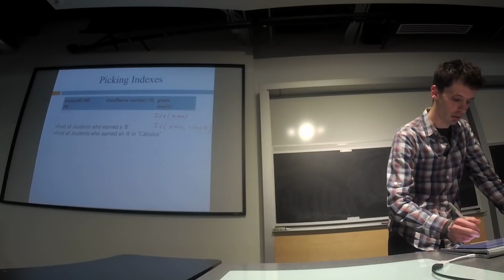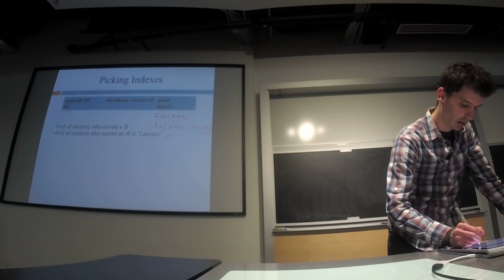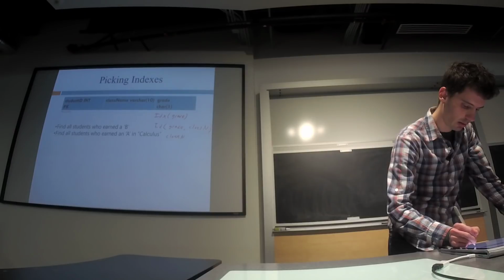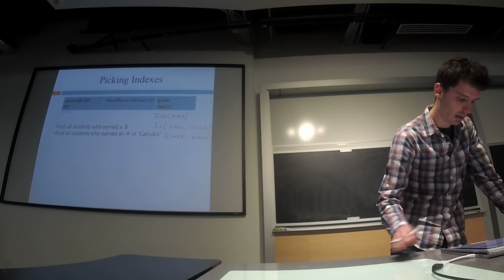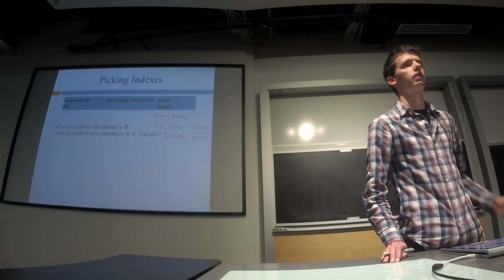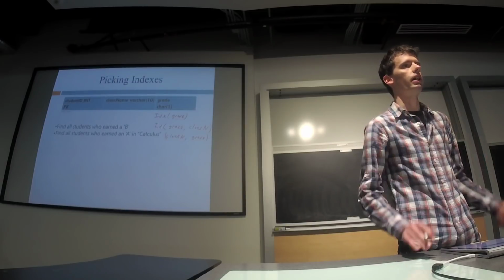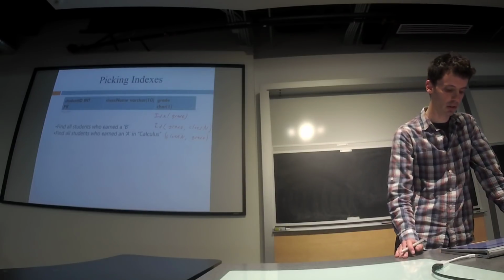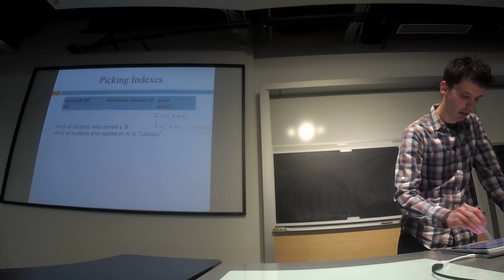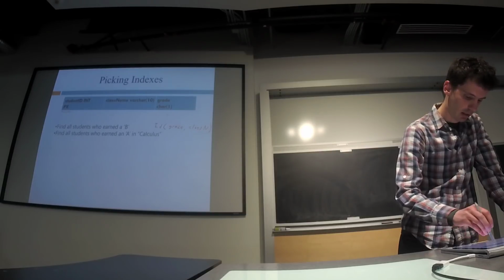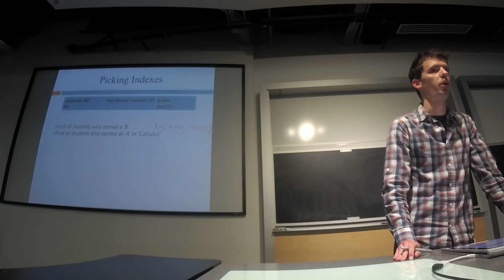We could also do the opposite order for the second query. That's basically an AND. You want class name equals calculus and grade equals A. That's what that filter would turn into. But it turns out if we just do this, then it supports both queries.